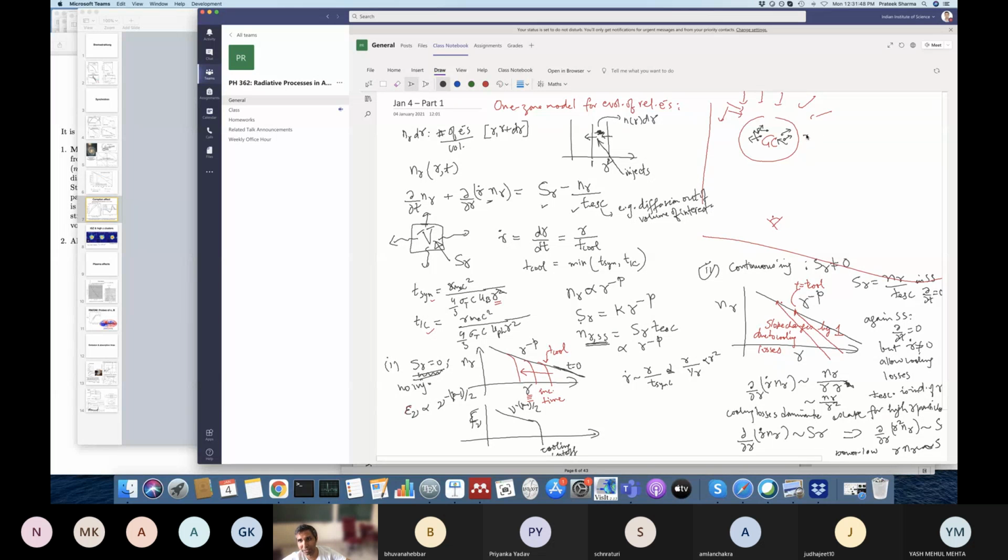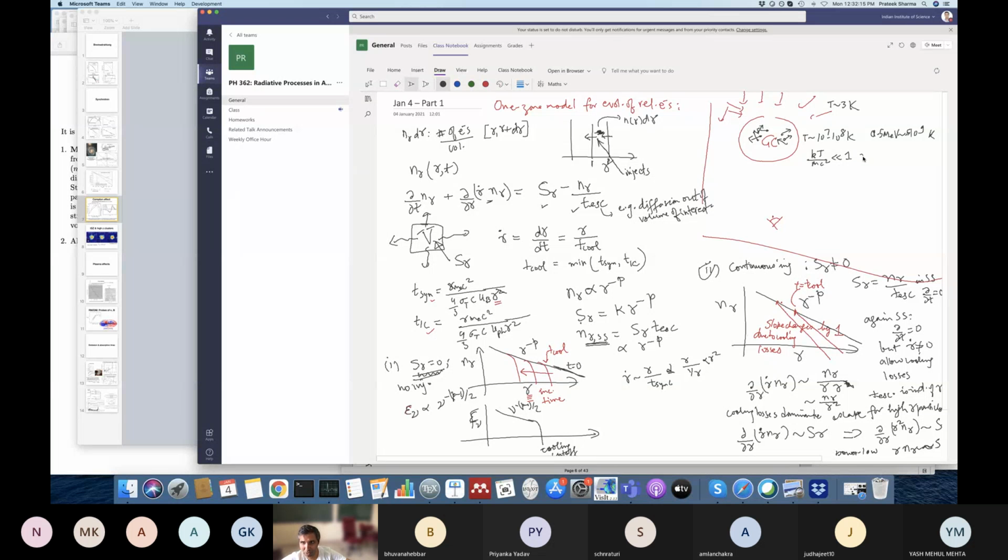The temperature of galaxy clusters is like 10 to the 7, 10 to the 8 Kelvin. The CMB temperature is 3 Kelvin. So we are in the regime where kT by mc squared is much less than 1, because mc squared is 0.5 MeV, which is about 5 times 10 to the 9 Kelvin.